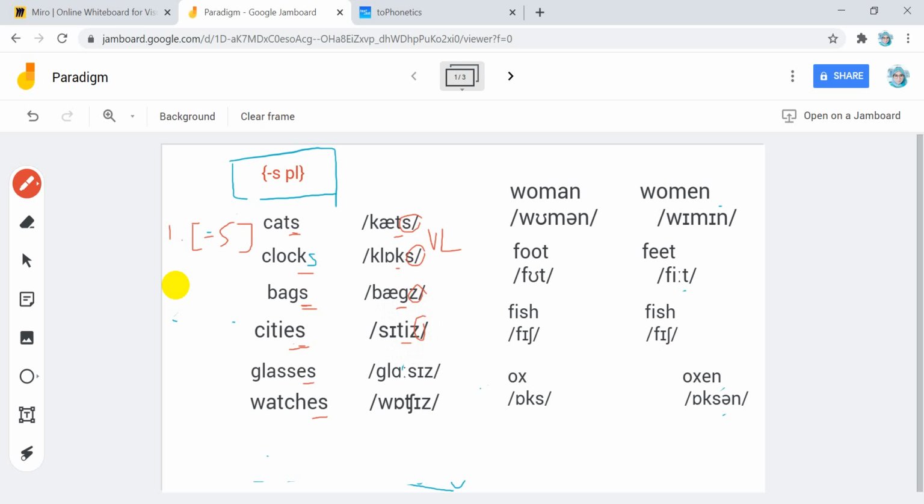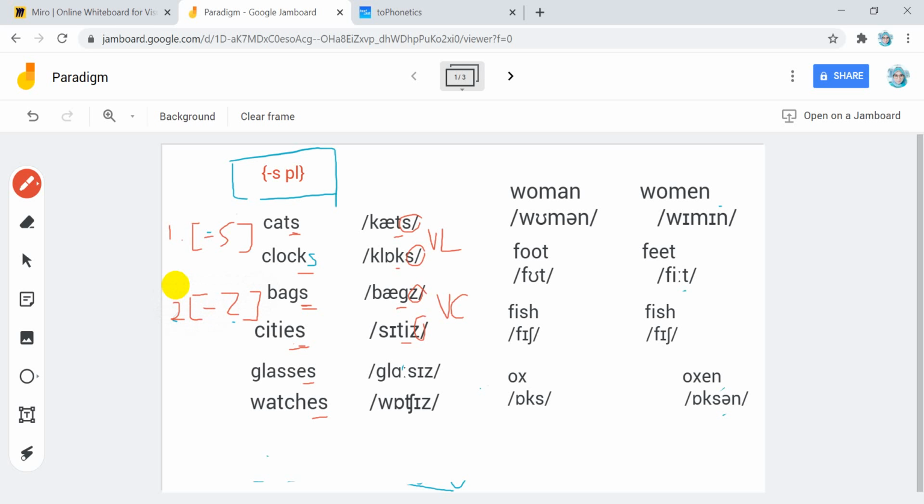E in city, E is a voiced vowel. Vowel is considered as voiced. So because the last sound in the word is voiced, then the second paradigm is Z.